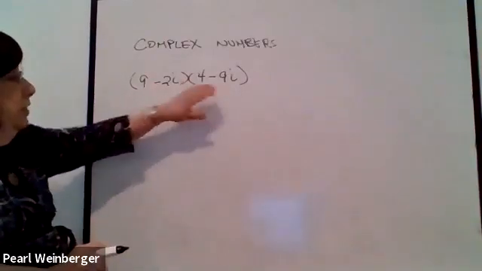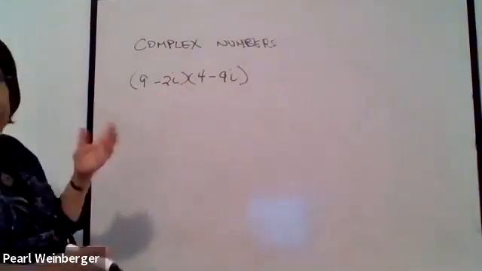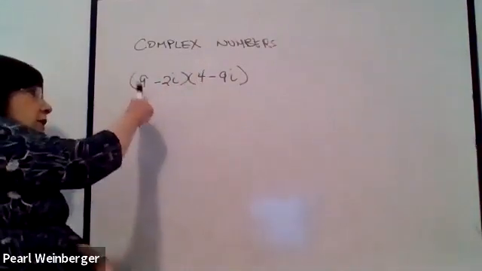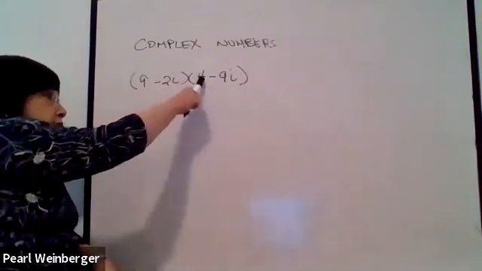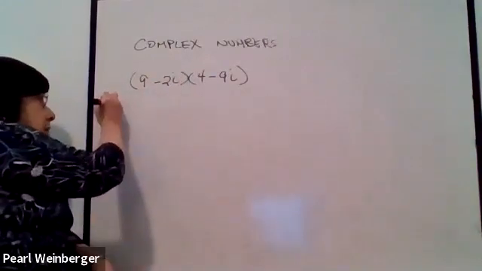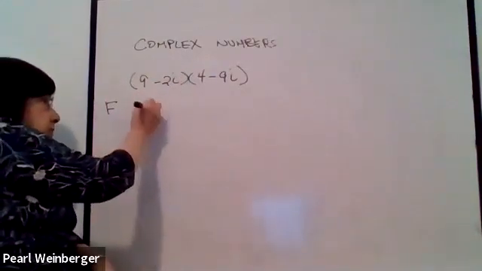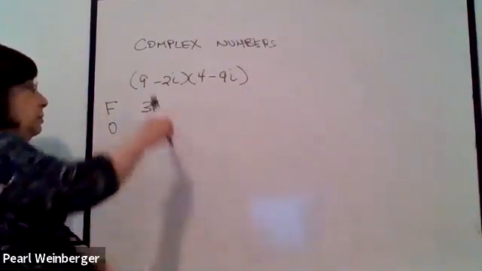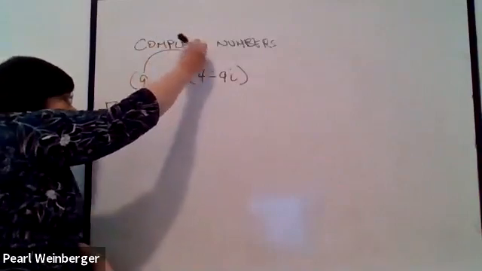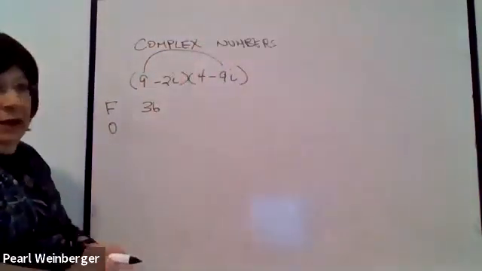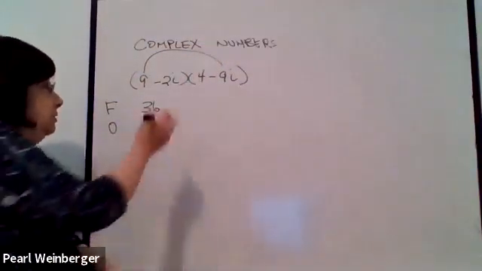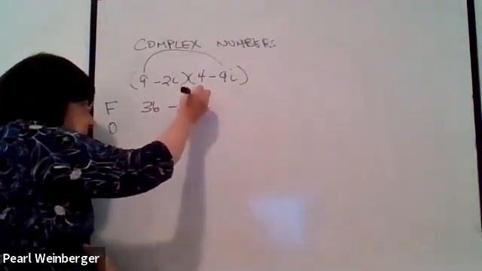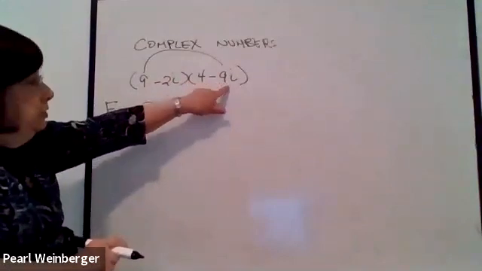So when I have these two binomials that I want to multiply, I'm going to use FOIL. Again, 9 times 4, that's first, is 36. Outer, 9 times -9i is -81i. Don't forget there's an i attached to this.